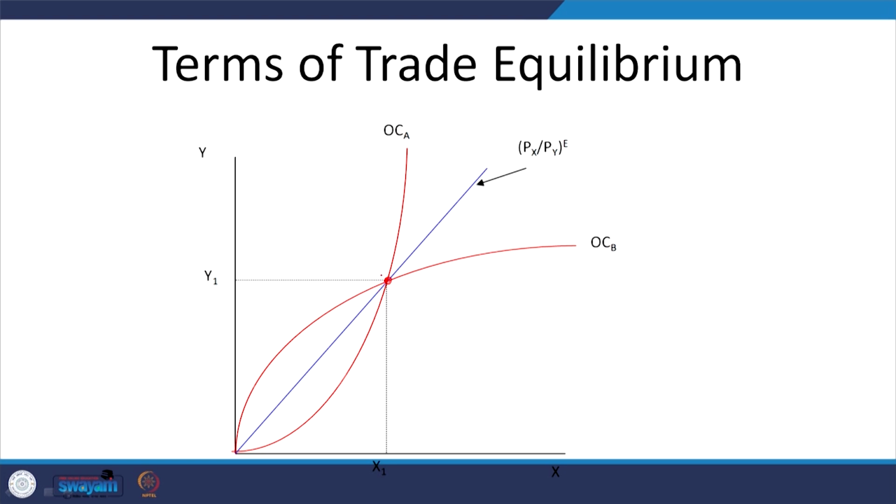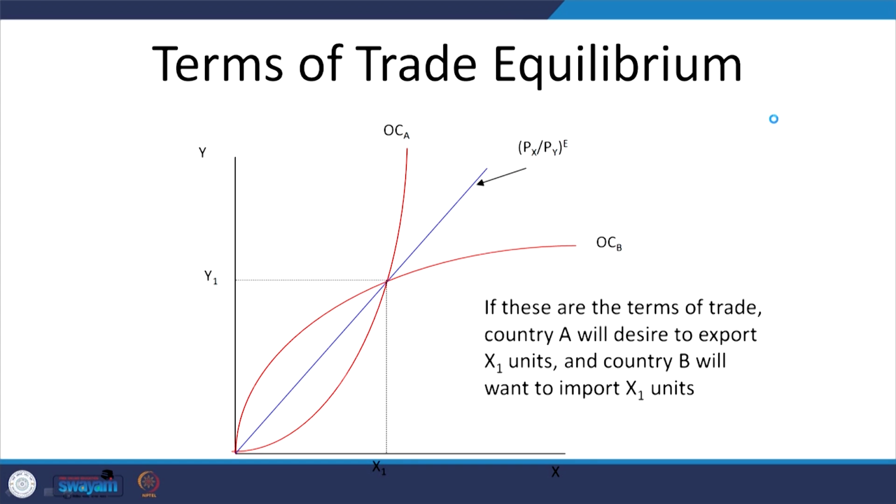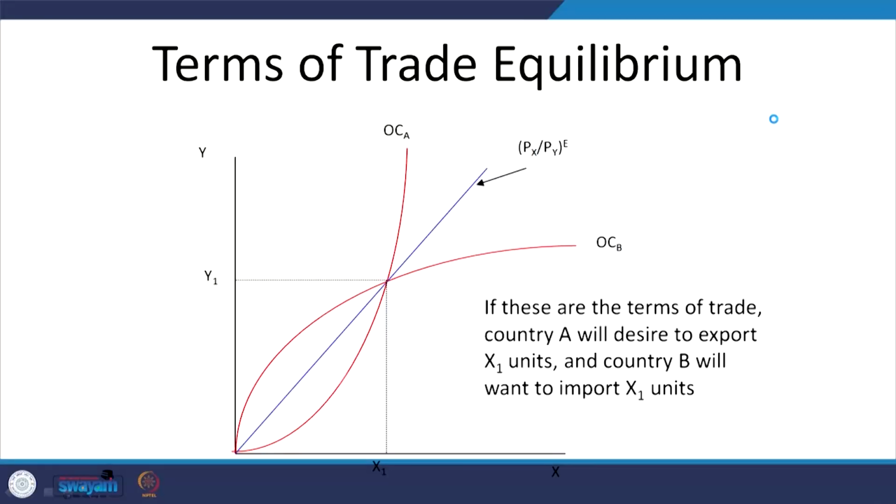So, it is responsible for a certain price level where we expect equalization of terms of trade, where Px by Py is generally expected to be equivalent to 1. This is responsible for a certain level of terms of trade, and there will be no diversion from equilibrium. At these terms of trade, country A will desire to export x1 units, and country B will want to import x1 units.